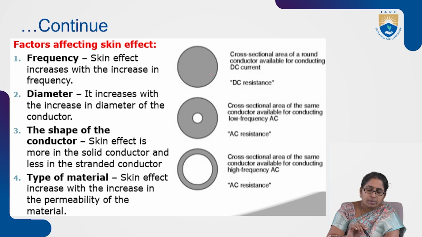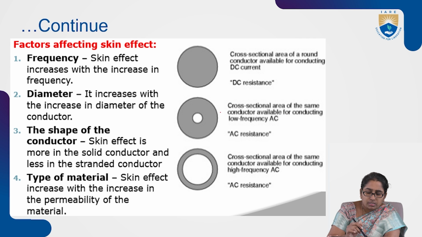That is what is mentioned: the cross sectional area of the round conductor is available for conducting DC current. That means the current is uniformly distributed over the total surface. In that case, the resistance is called DC resistance.